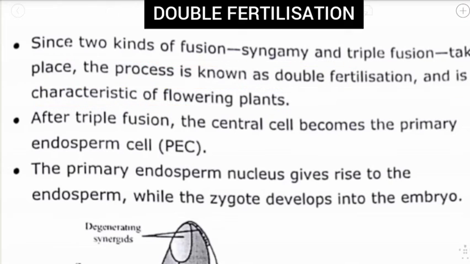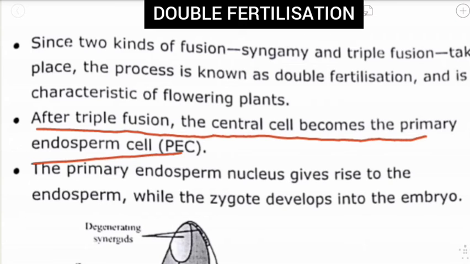Very simple. Then after triple fusion, the central cell becomes the primary endosperm cell.